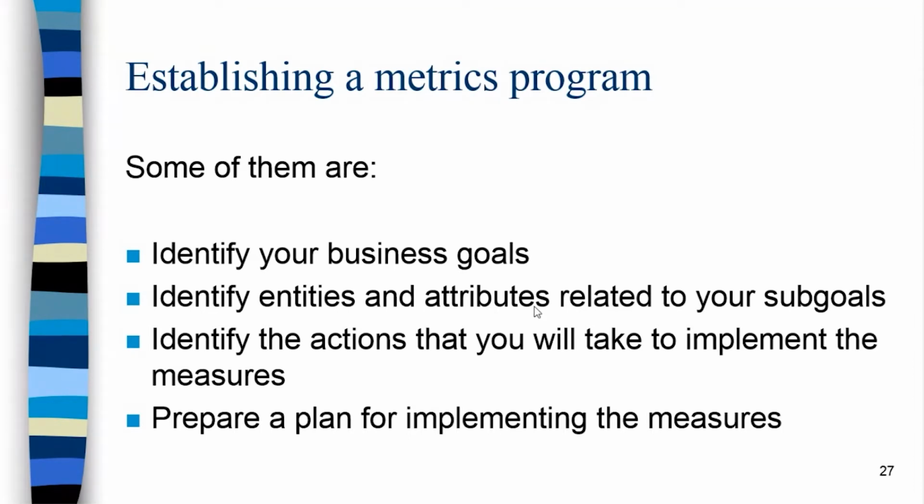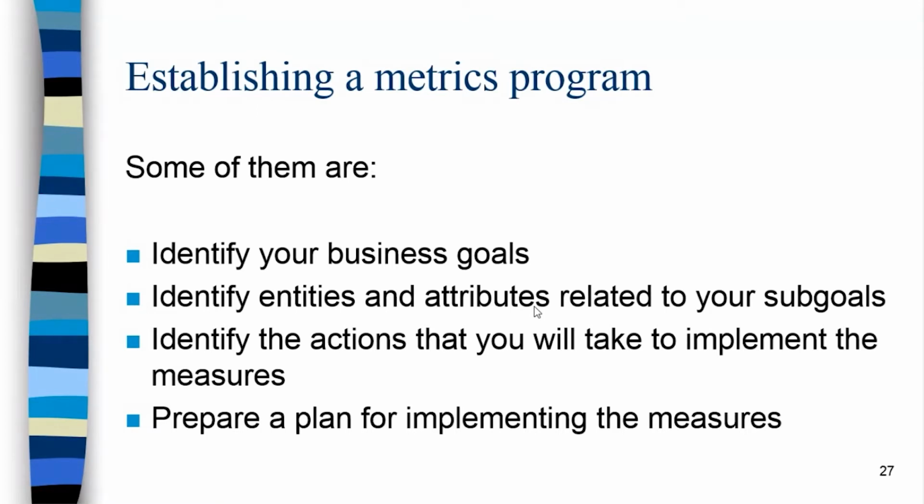After that, there are some steps that we can follow to establish any metrics. First, we start by identifying our business goals. Then we identify what we exactly want for the particular product or software we are going to develop.